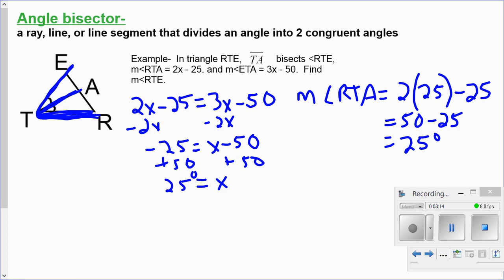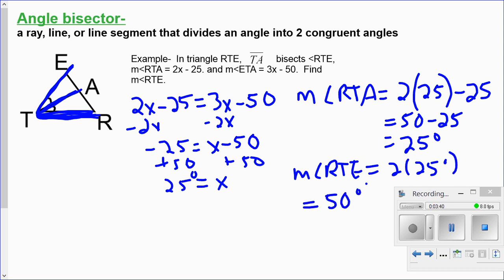So I'm going to double that because RTA and ETA both have measures that are congruent. So they both have 25-degree measures. So I'm going to double that to get the measure of angle RTE. So the measure of angle RTE is twice 25 degrees, which means it equals 50 degrees. Okay.